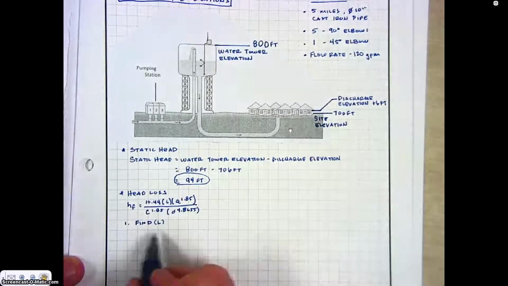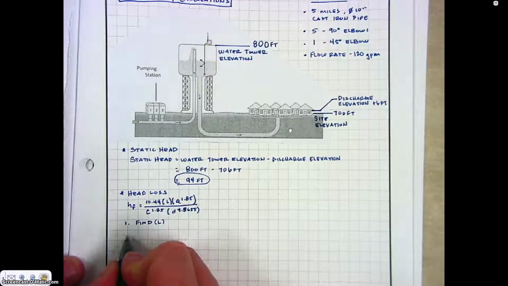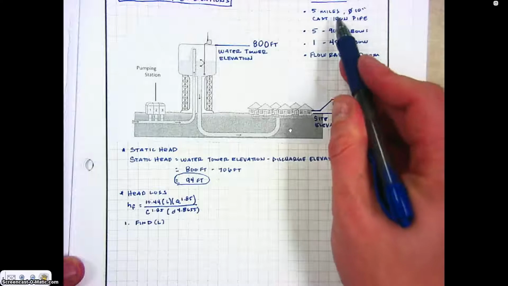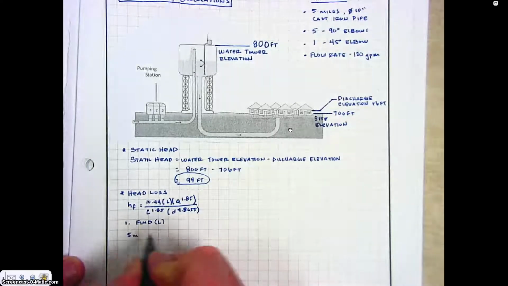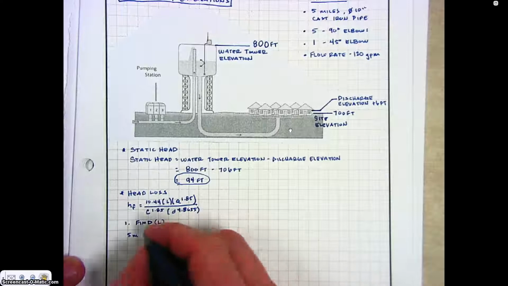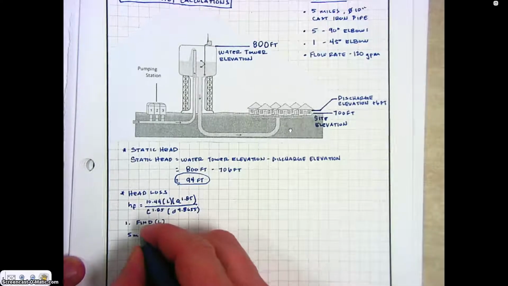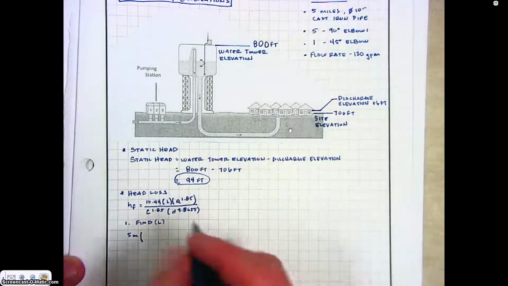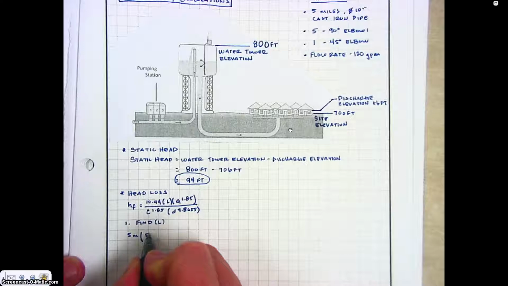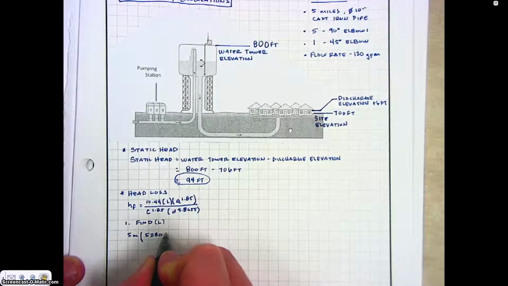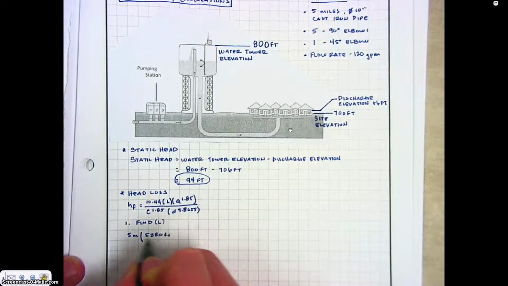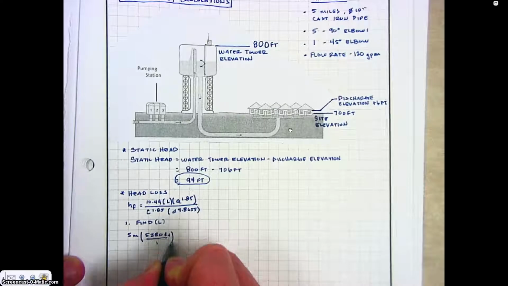So the first thing we're going to do to find L is convert our 5 miles to feet. We know that there are 5,280 feet in 1 mile.